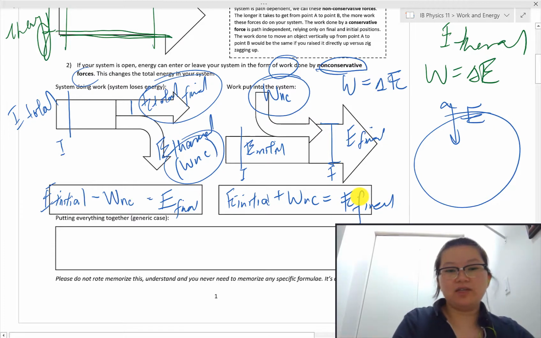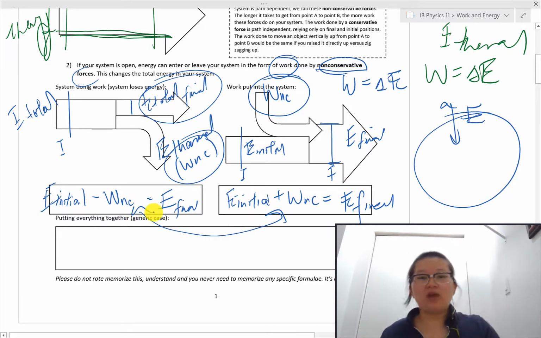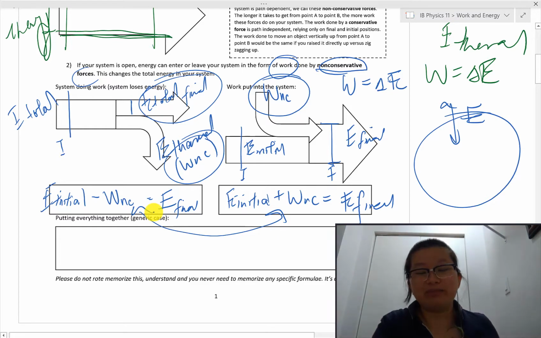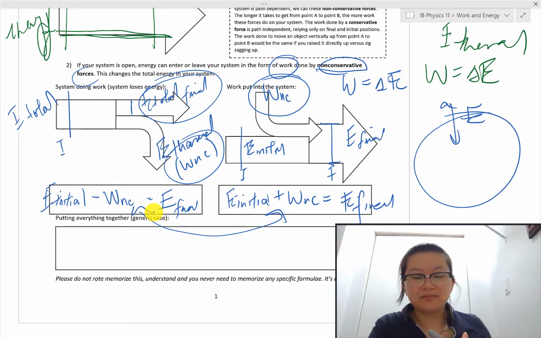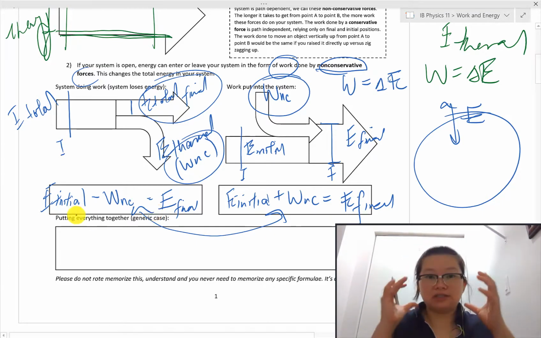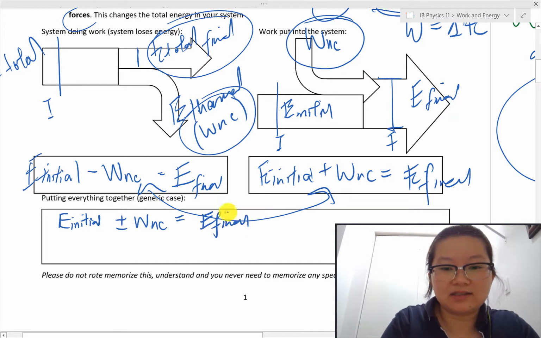So you might notice that the only difference between these two equations is I have to subtract the work if it's being lost or add the work if it's being added to my system. Energy is gained, okay? So we can then put these two equations together like this.